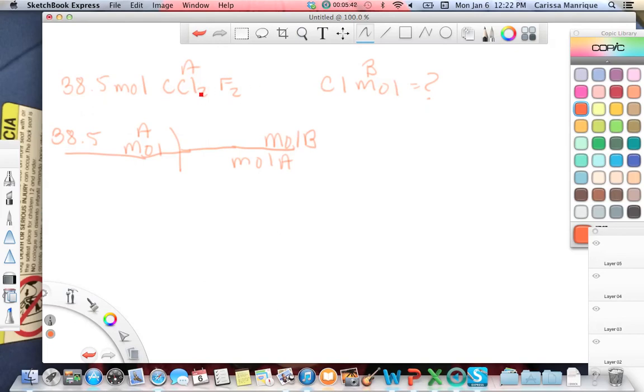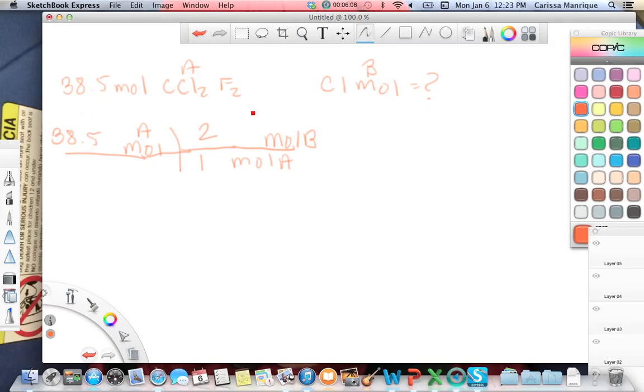So every 1 mole of A, so every 1 molecule of A if you want, how many chlorine atoms are in there? 2. So let's say we're looking at fluorine, what would we see? For every 1 of this whole entire molecule, there are 2 fluorines. See right there, it says 2. What about carbon? If we're looking at carbon, for every 1 of these, there's 1 carbon. So that would be a 1-to-1 ratio.